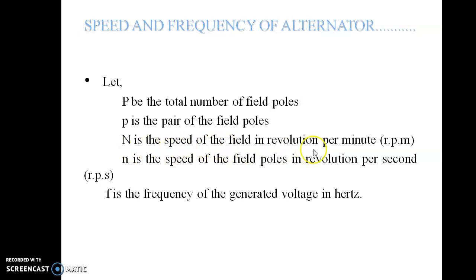Capital N is the speed of the field in revolutions per minute. Small n is the speed of the field poles in revolutions per second, that is RPS. And small f is the frequency of the generated voltage in hertz.